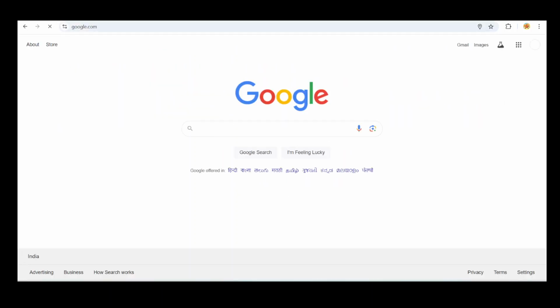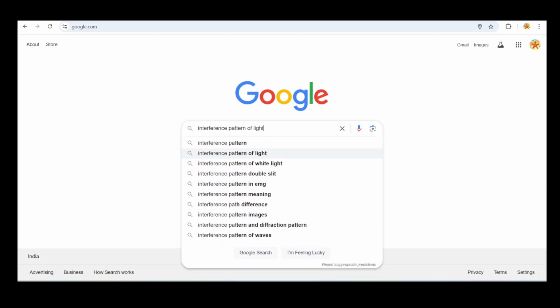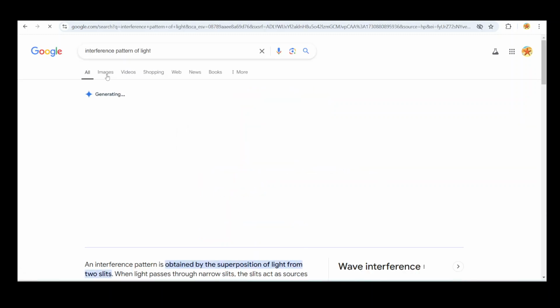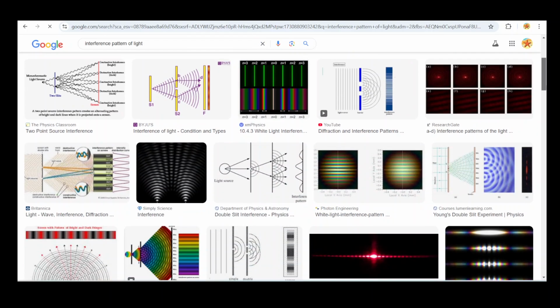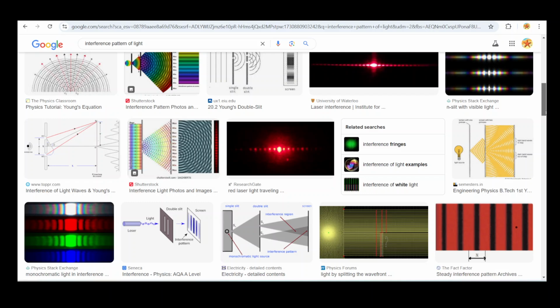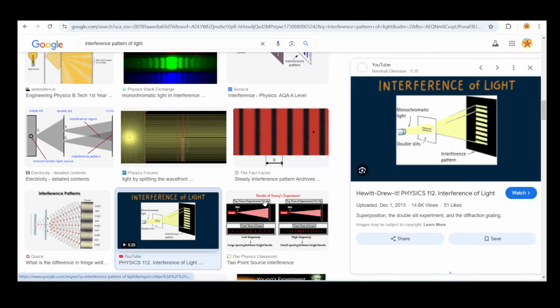Let me just take up a good picture for interference of light, which will tell us how we get this. Okay, this one is good.